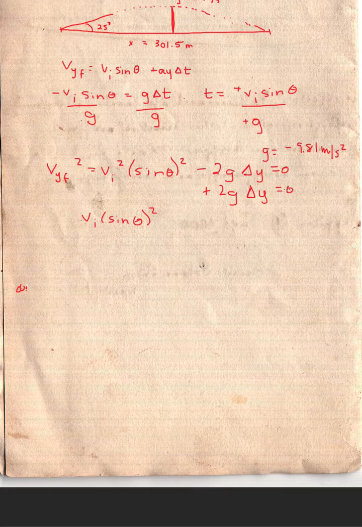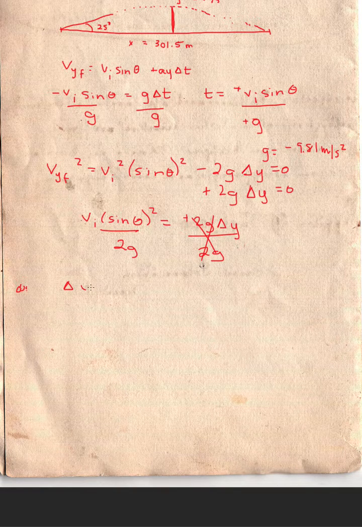Now that's equal to 0 there. So that's going to give us positive 2g delta y. Now I'm trying to solve for that delta y, so I'm going to divide both sides by 2g. Okay, and now I have a formula that will allow me to find the maximum height, which is delta y.